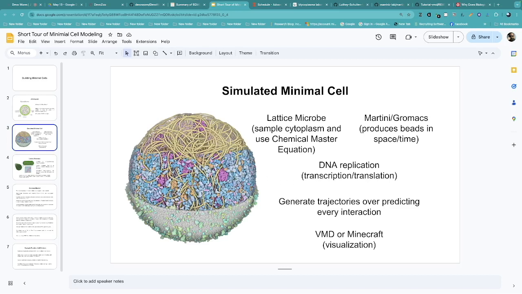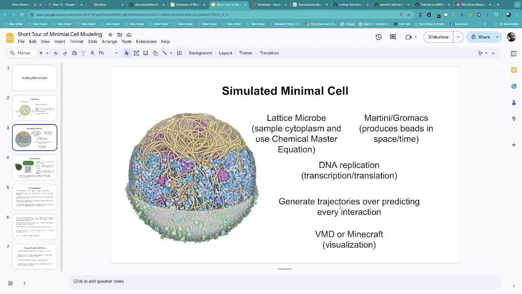So, they are able to look at DNA replication, transcription and translation, so you can go from DNA to proteins. You can generate trajectories. So what they do is they basically simulate this in these different ways, and then instead of predicting every interaction over maybe 50 to 100 microseconds, they generate trajectories. So they say, what is the mean behavior of this model, and what does it look like over time?